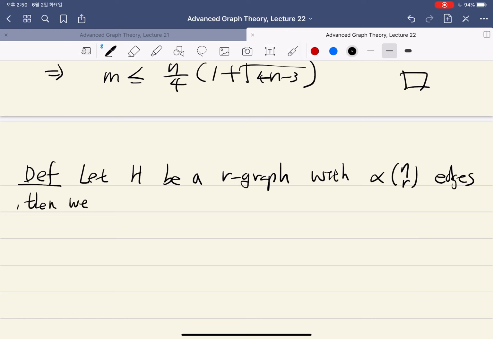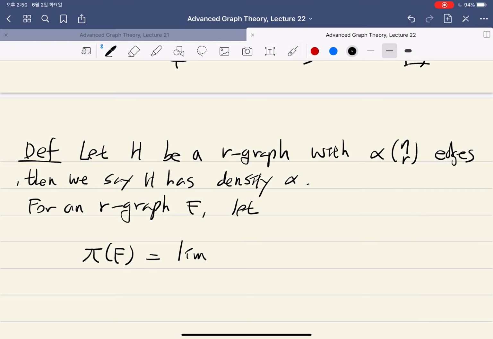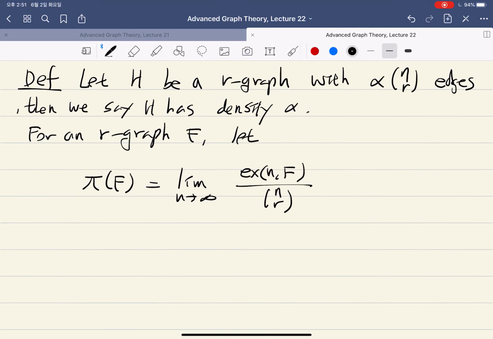Then let's say H has density alpha, and for an r-graph F, let pi of F be the limit, when n goes to infinity, of the extremal number ex(n, F) divided by n choose r, and let's call this the Turán density.